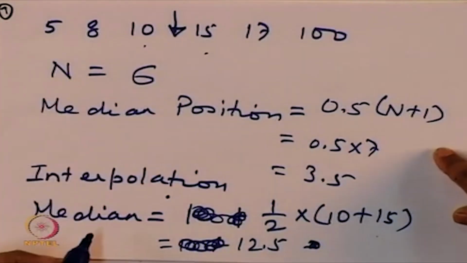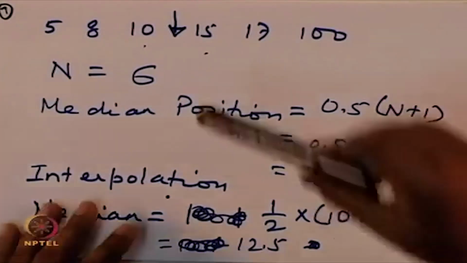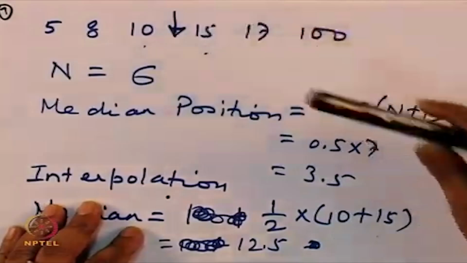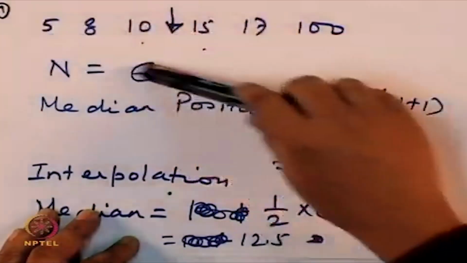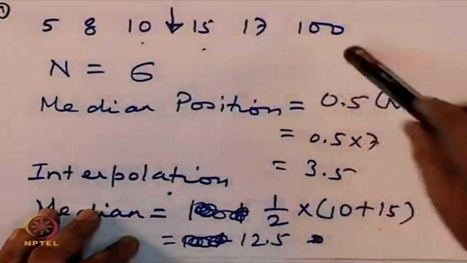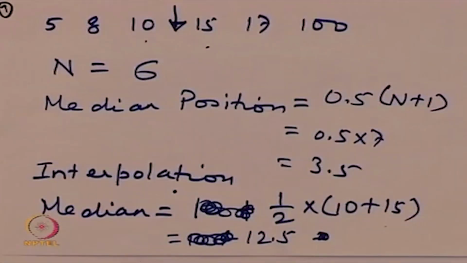So, your median is 12.5. You get a number which is even better. It is much more representative of this entire data set. The effect of 100 has completely been eliminated.